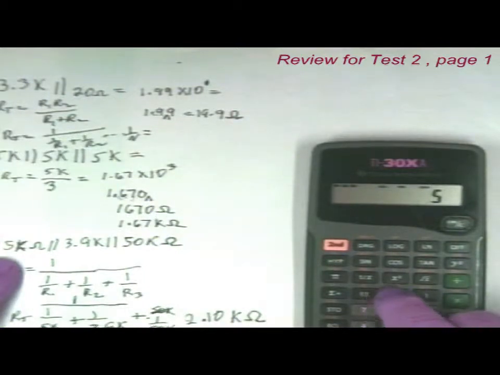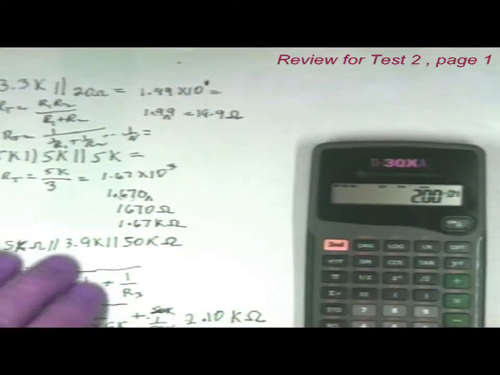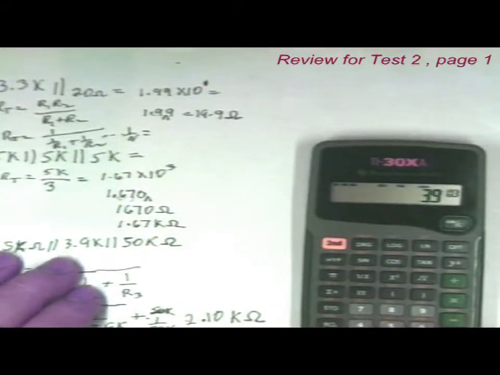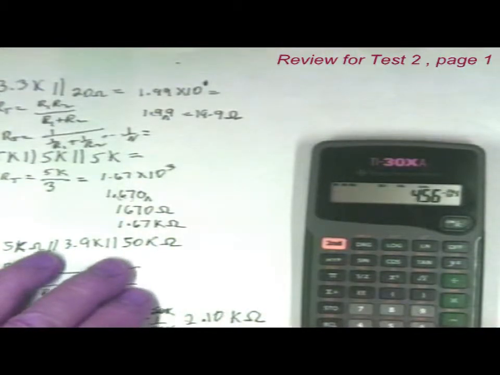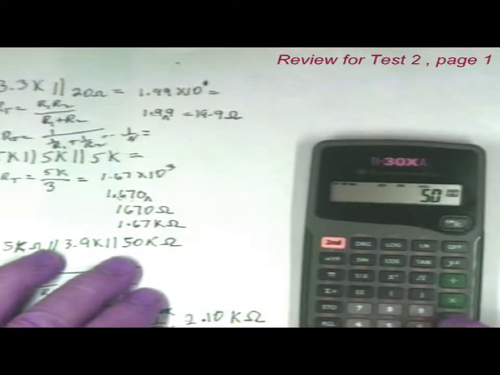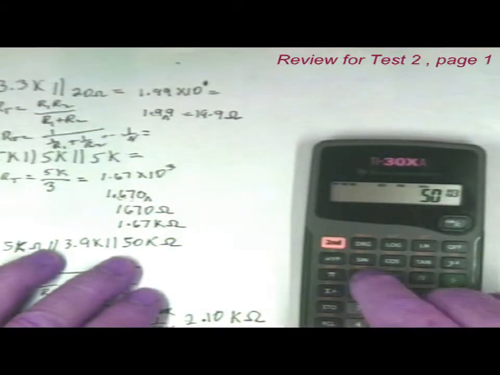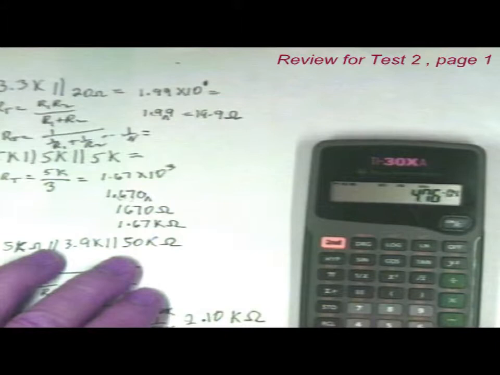You put in a 5, a double E, and then 3, reciprocal plus 3.9 double E3 reciprocal plus 50 double E3 reciprocal equals, and reciprocal again.